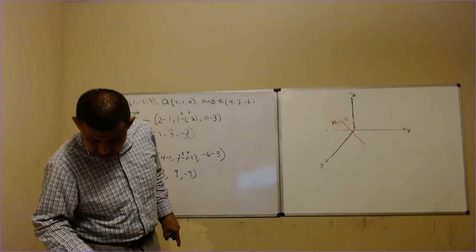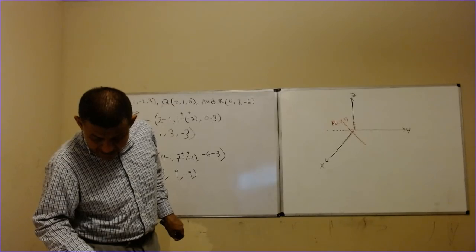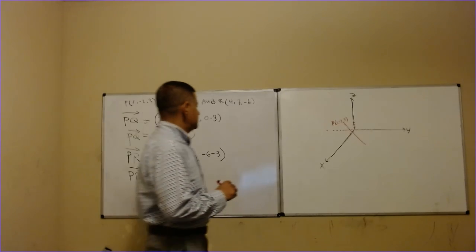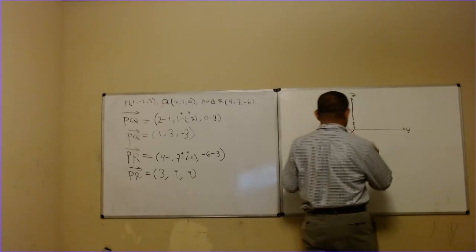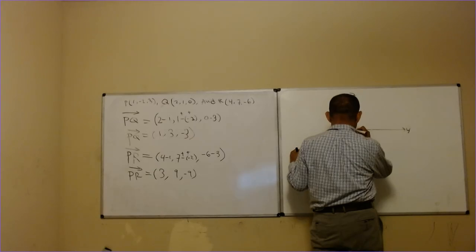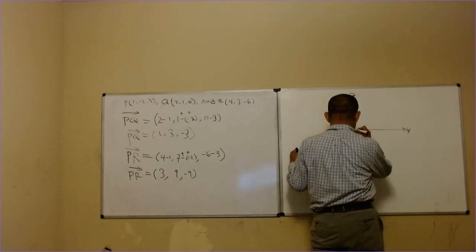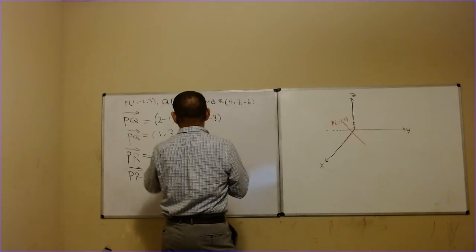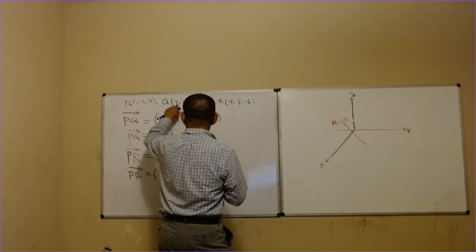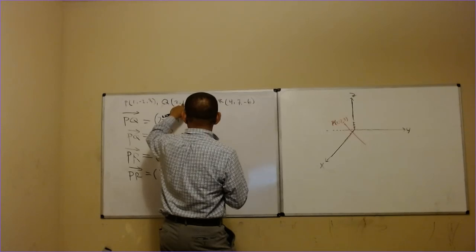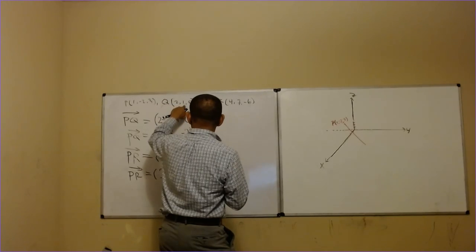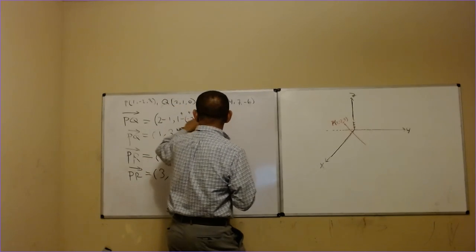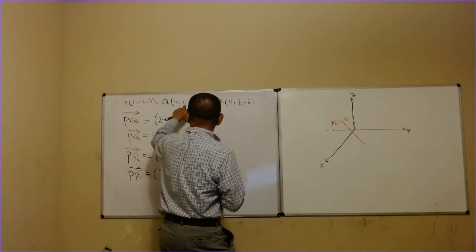Which lies about 2, 1, 0, right? 2, 1, 0.